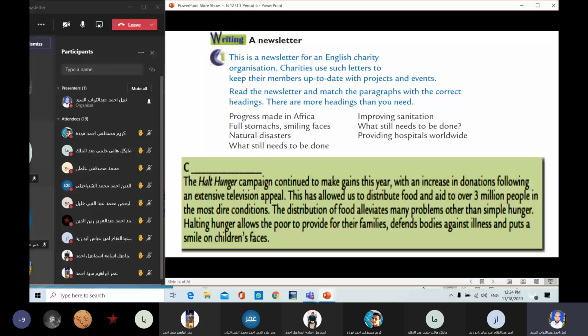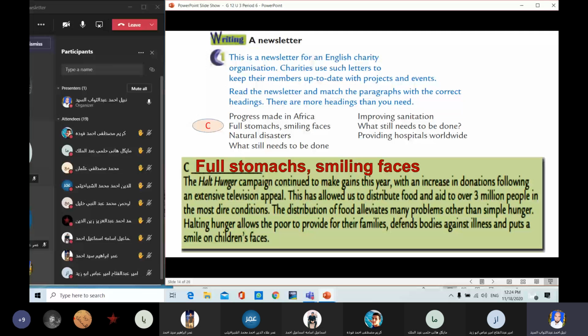Where do you keep your food? In your stomach. All stomachs. Smiling faces. Yes. So how do you know? It talks about hunger, smiles on the children's faces. Of course, we have to keep them healthy, defend the bodies against illness. Okay, very good. Paragraph D.